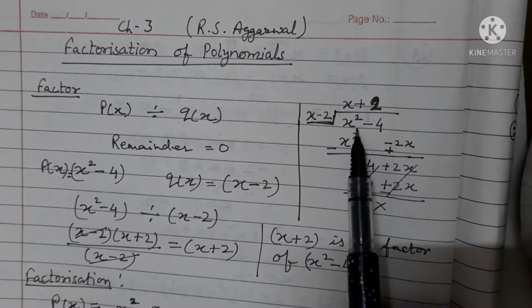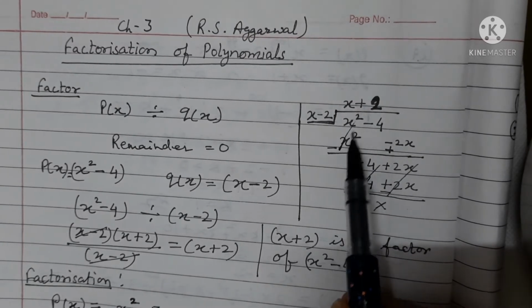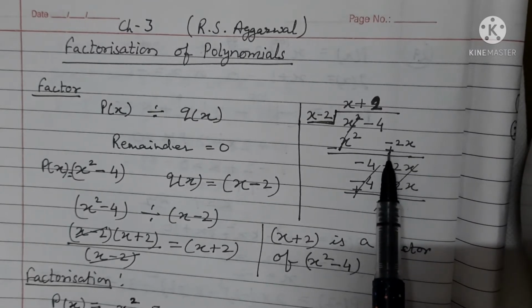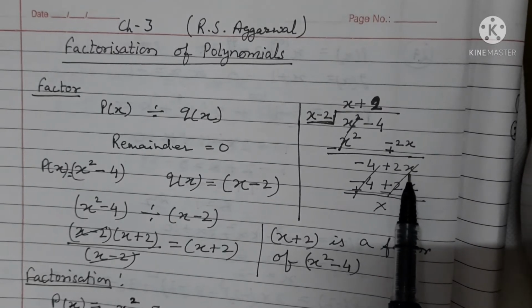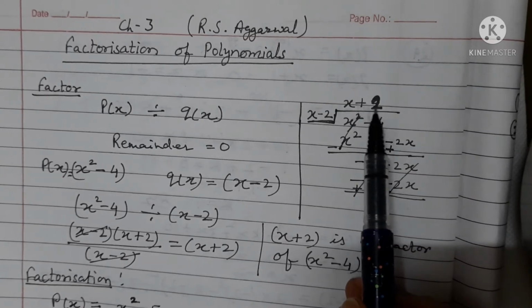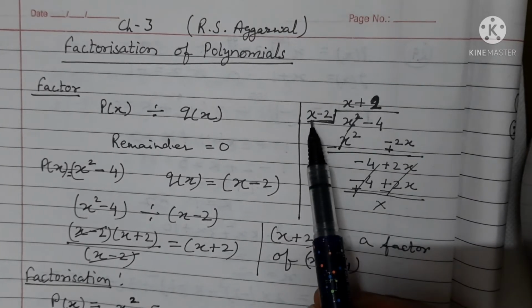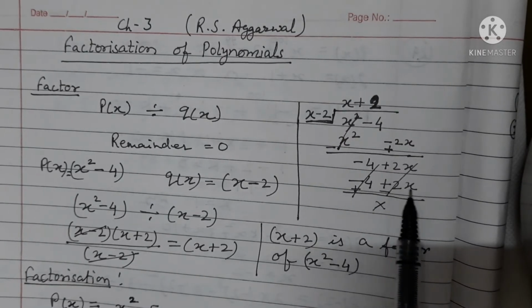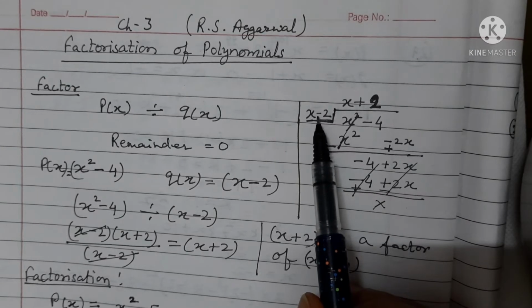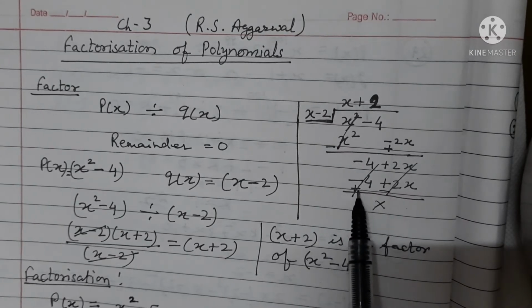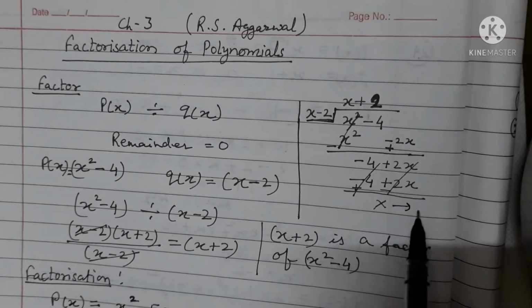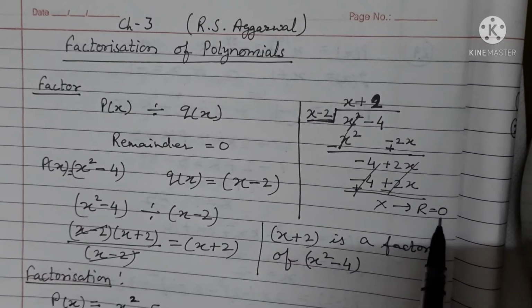Now change the sign, so this will cancel and here minus 4 and this becomes plus 2x. Now take the 2 and multiply it, so you will get 2x plus 2x and 2 times 2 is 4 minus 4. Now change the sign and this will be cut, so you will get remainder as 0. R is equal to 0.